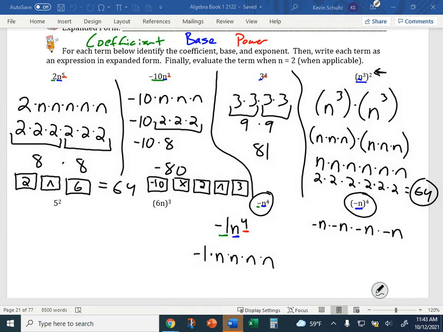You'll see this affects the final value because when we plug in 2 for n, which is what we do to evaluate it, in the first one without parentheses, we've got negative 1 times 2 times 2 times 2 times 2, which equals what?